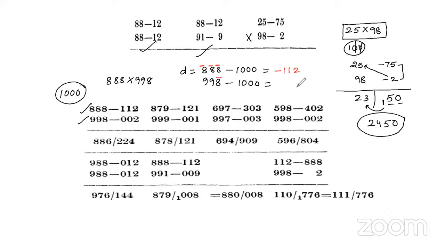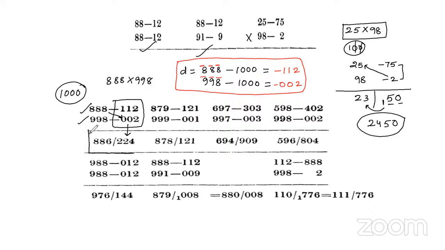Here also 2, next from 9, 0, next from 9, 0, and this will be negative because 1000 is the bigger number. So in this way, we can use the Nikhilam Navataha Charamam Dashataha here. After that, we can simply multiply the deviations, then we are getting 224. And the subtraction 888 minus 2 is very easy, so we get the product.